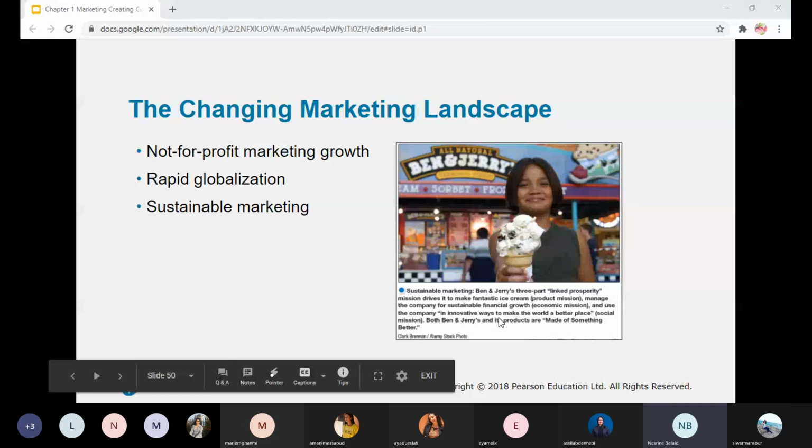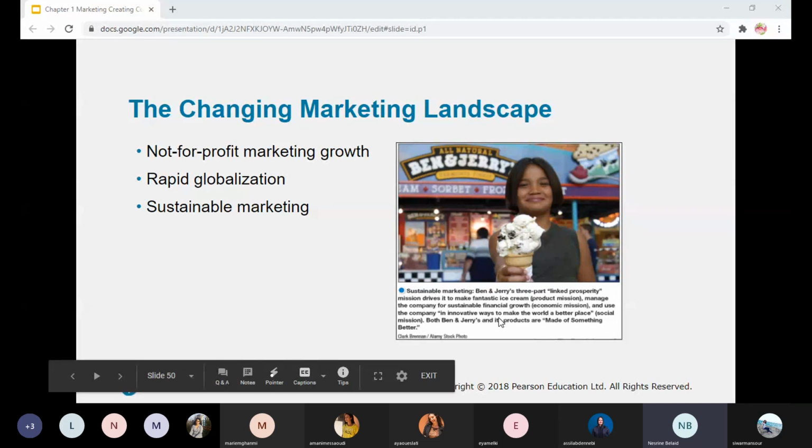We live in an open world with competition all over the world, so we need to open our minds and take this global competition into consideration. Now, with sustainable marketing, marketers are re-examining their relationships with social values and responsibilities and with the very earth that sustains us.